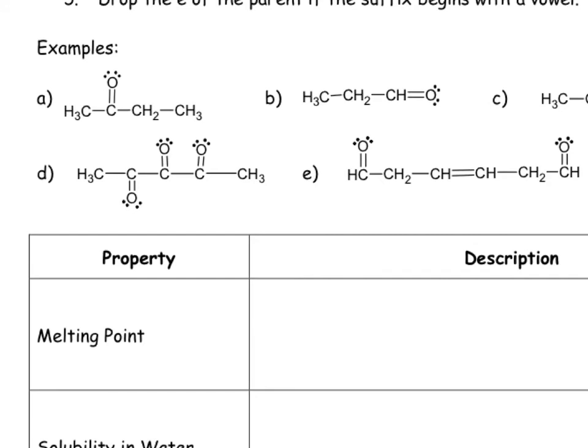Looking at molecule A, my longest chain is the 4 carbons going horizontally across the page. That gives me the root but-, and because they are all single bonded, -ane. To indicate that I have a C double bonded O, I number the main chain so that that group gets the lowest possible number.